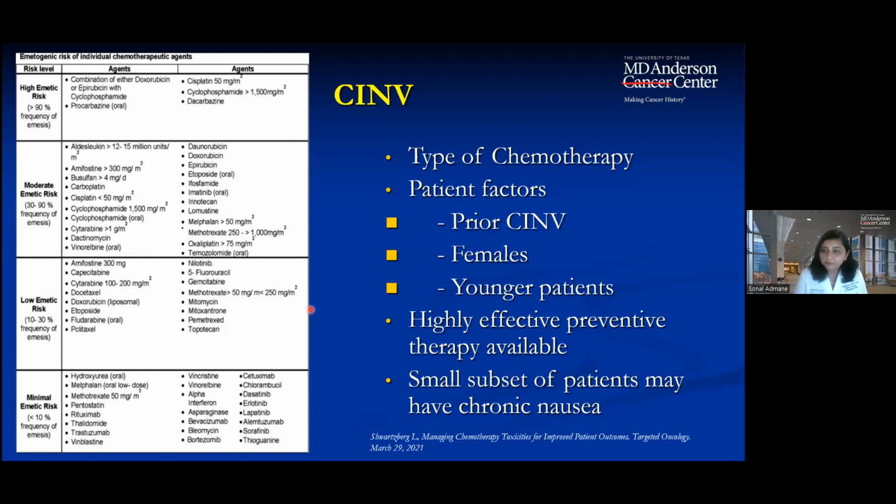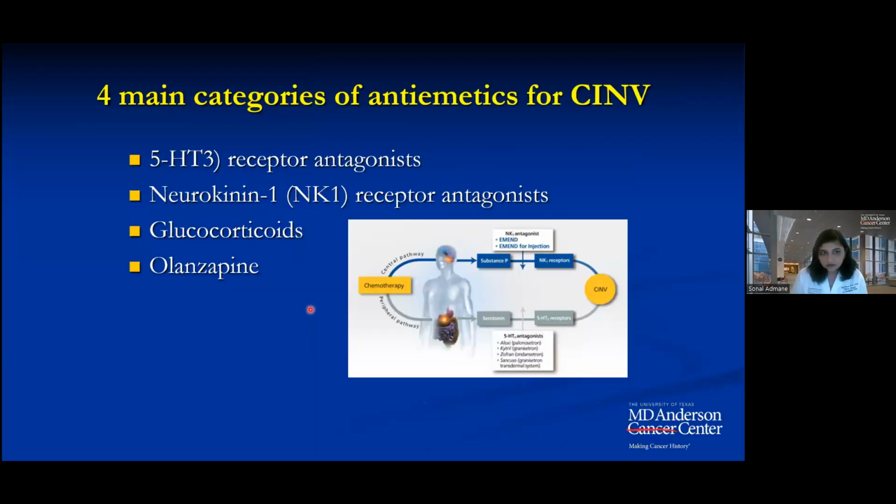So anytime a patient receives a high emetic risk chemotherapy regimen, there are recommendations on using broad spectrum medications for nausea, vomiting. So if you look at how we approach chemotherapy nausea, vomiting, there is really good evidence based on high quality trials which recommend really targeting 5-HT3, the NK1 receptors, and then we also use glucocorticoids and olanzapine.